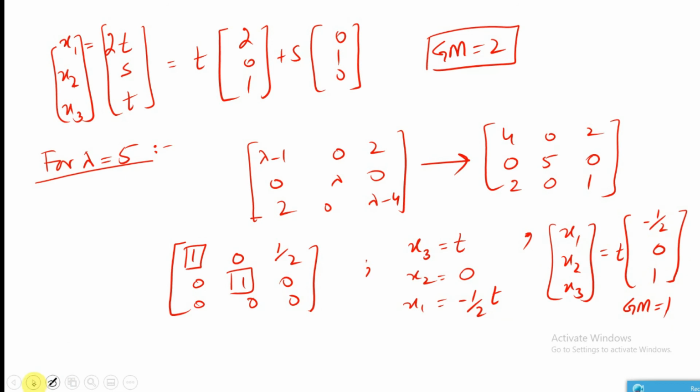Now I want to highlight one very important point: for lambda equal to 0, the algebraic multiplicity is 2, because the value 0 is repeated and it gives two vectors, so its geometric multiplicity is 2.